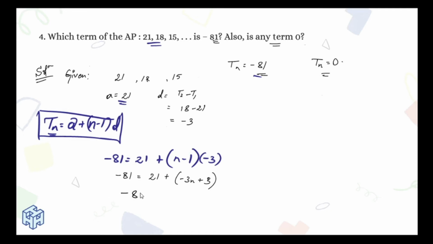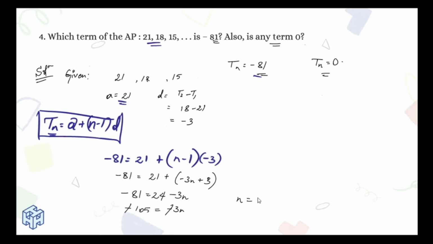So when I solve this, I get minus 81 is equal to 21 plus 3, which will give me 24 minus 3n. Okay, so when I shift this, I get minus 105 is equal to minus 3n, where we can cancel minus and minus.